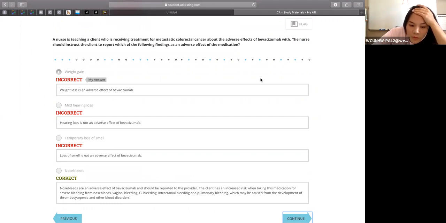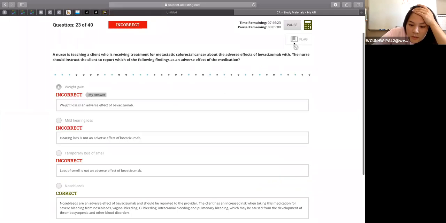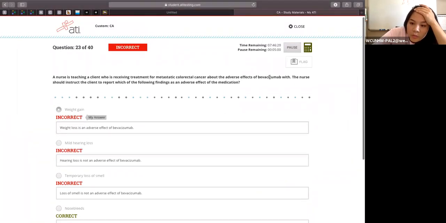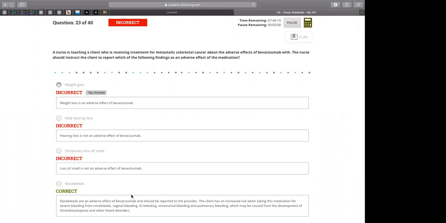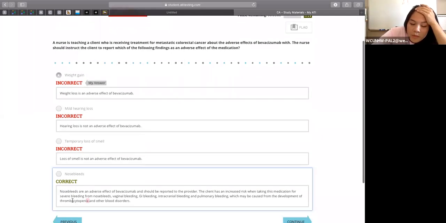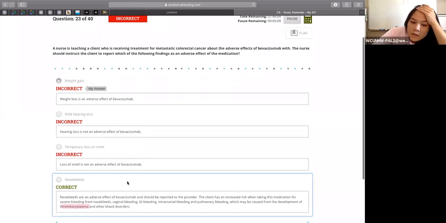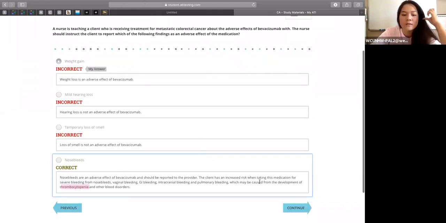Yeah, so I guess this causes your blood to thin out. That's why you can get nosebleeds or GI bleed, vaginal bleed, intracranial bleeding, pulmonary bleeding. Oh, it causes thrombocytopenia, so it causes your platelet count to decrease.